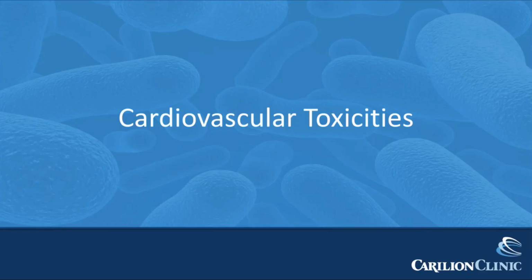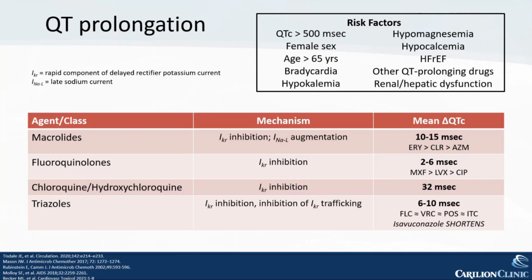We're going to transition into cardiovascular toxicities now. Starting off with this is QT prolongation, which is a common question that comes to any pharmacist's practice about evaluating for QTc lengthening with some of our antibiotics.